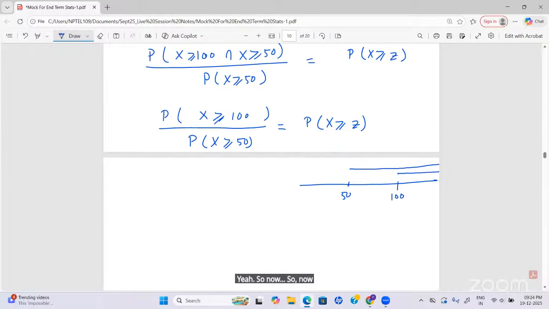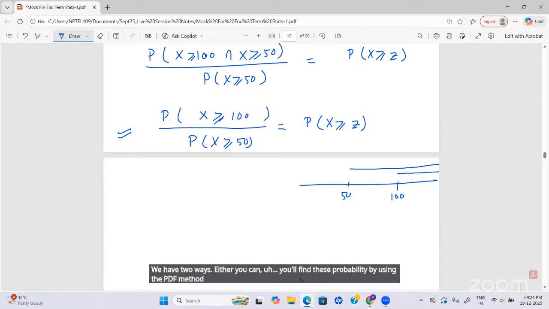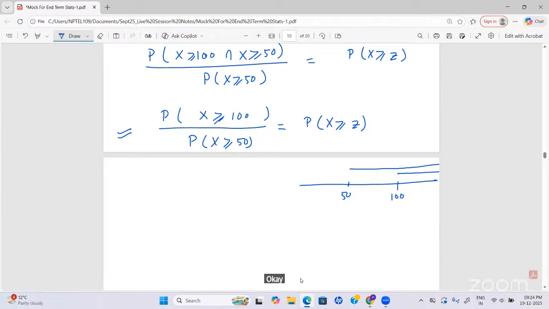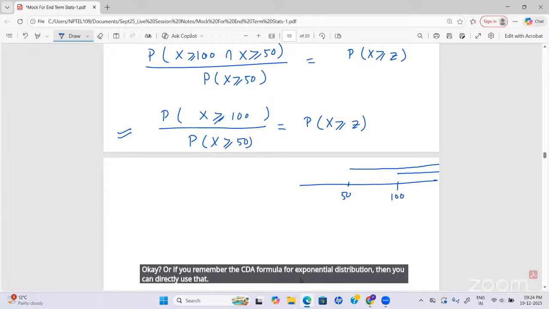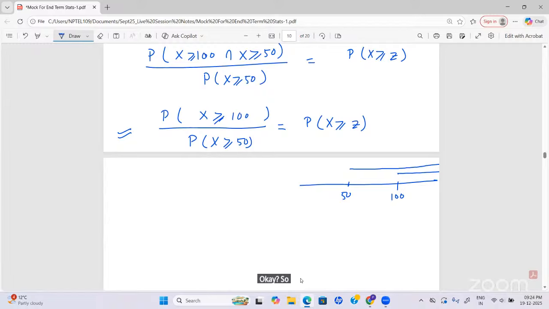Now for solving this part, we have two ways. Either you can find this probability by using the PDF method, you can integrate it, or if you remember the CDF formula for exponential distribution, then you can directly use that. So what is the CDF for exponential distribution?